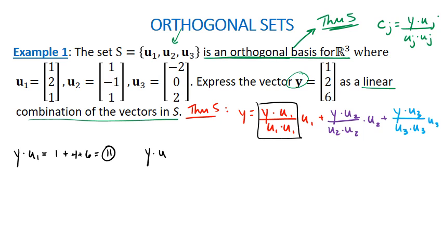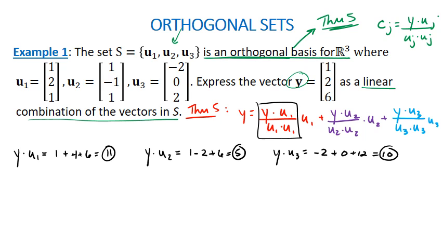Now I'm going to do y dot u2. I think it's easier to deal with vector y first. When I do this, I have 1 minus 2 plus 6, which is equal to 5. And then y dot u3 is negative 2 plus 0 plus 12. That gives me 10.